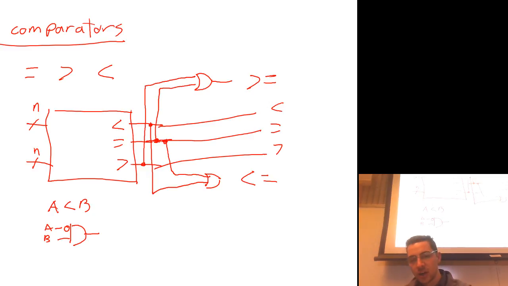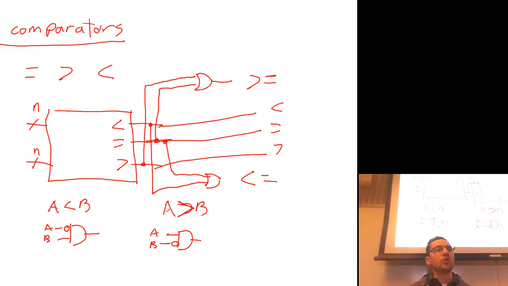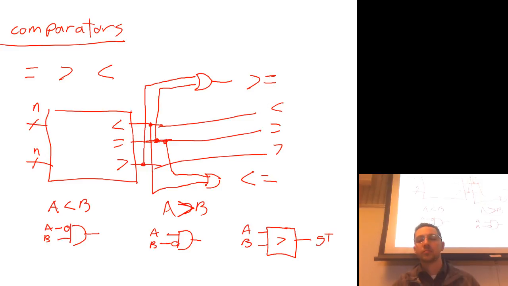The greater than function, A greater than B, is true when A is 1, B is 0. So you can use that basic building block as a greater than block, A, B, greater than. And you can build those up.